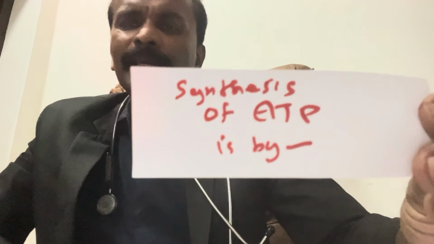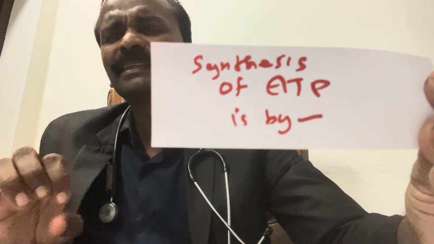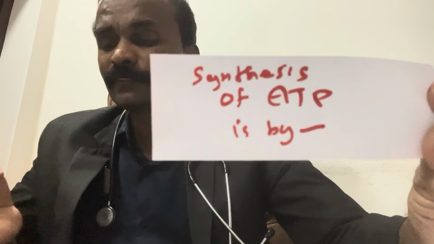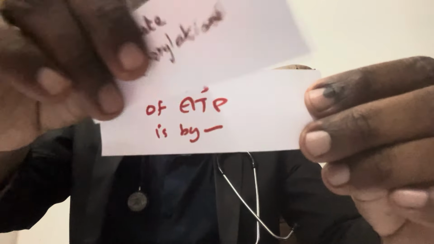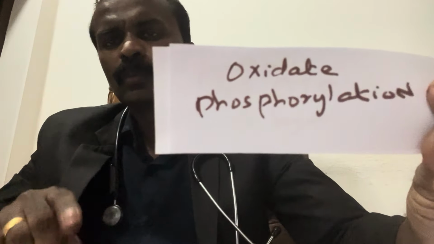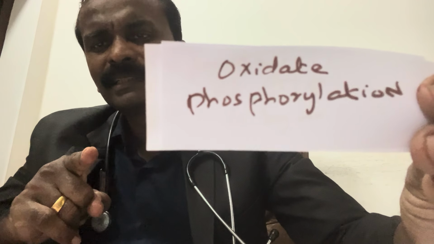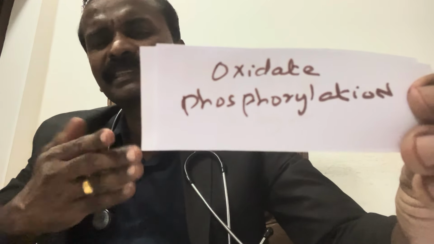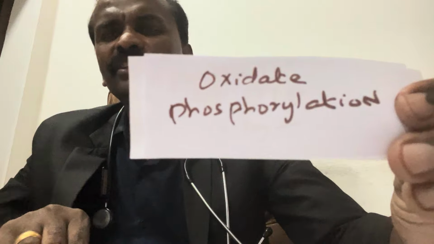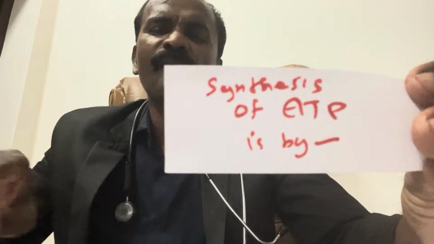Sometimes they will keep just oxidation or reduction or phosphorylation, or they will keep both. Why I am showing it 2 times is because they have repeated this MCQ more than 10 times. Almost in all the examinations this question is there. Oxidative phosphorylation.